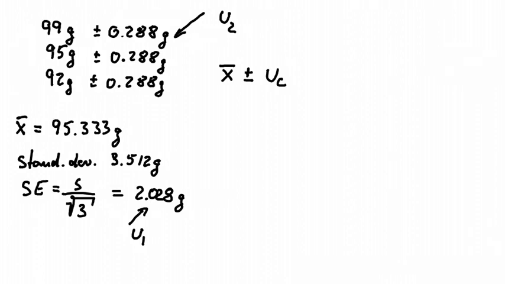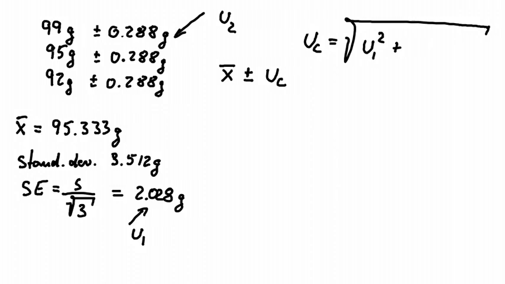And for this combined uncertainty, we know how this works. Combined uncertainty in this case would be the square root of U1 squared plus U2 squared. We are currently just simply adding things up, so we would use the absolute uncertainties. We don't need to convert them into relative uncertainties.